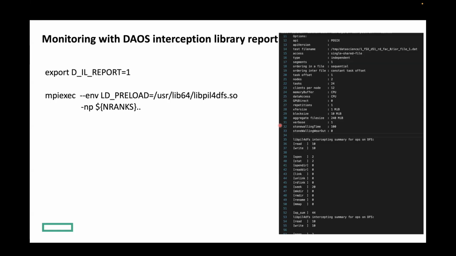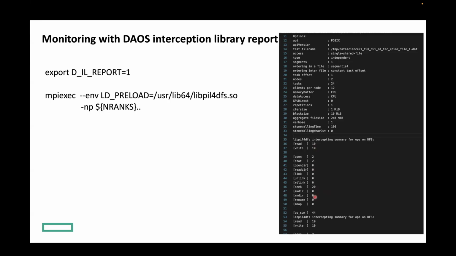There are many ways to profile DAOS to see what's happening underneath. The easiest one is to use the DFuse interception library report. You just set these environment variables and keep doing the same mpiexec to the DAOS path, and you will see how the I/O is getting broken down into different DAOS level calls.